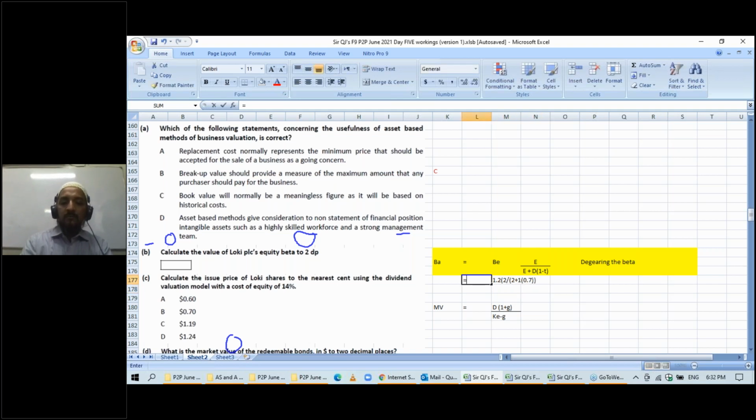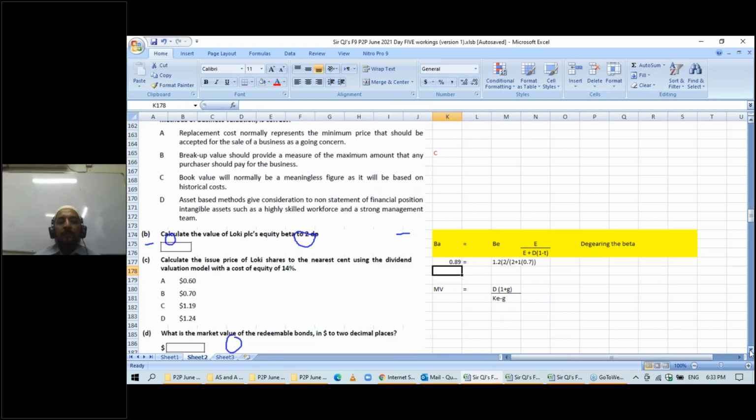And this gives you a beta of 0.89. So the value of beta decreases because of the elimination of the financial risk. Okay. So if a beta is to be calculated for Loki, which is ungeared, I have ungeared the beta of the proxy company.